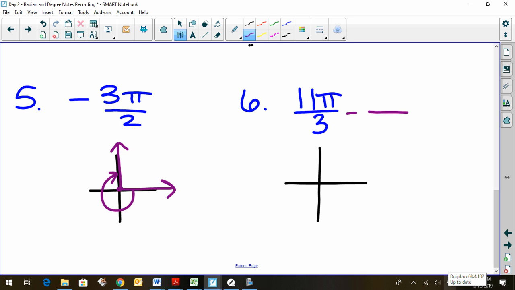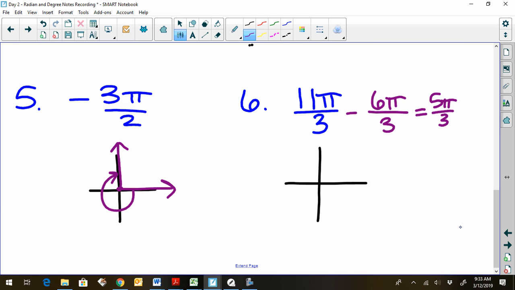But in order to subtract, I want common denominators because I'm working with fractions. So 2 pi, if I have that equivalent to something over 3, we would take away 6 pi over 3, right? Because 6 pi over 3 reduces to 2 pi, so I'm going to take away 2 pi, and I would end up with 5 pi over 3.